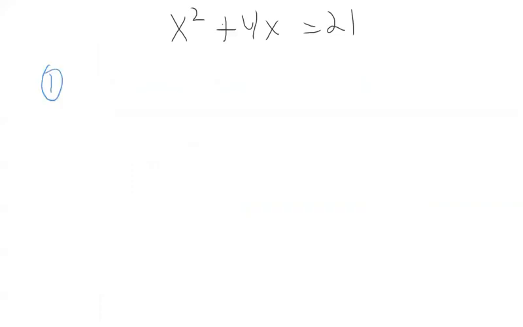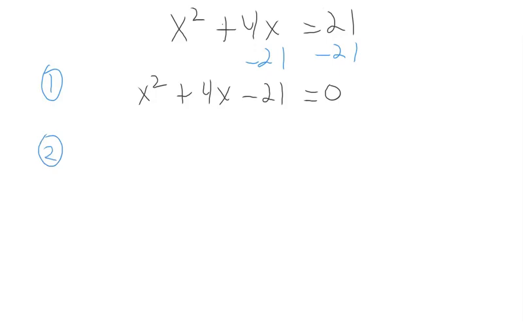Well, to do that, I have to bring the 21 over, so therefore I subtract 21 from both sides, and I get x squared plus 4x minus 21 equals 0. Now, I will give you a minute or so, because this is review for chapter 6, to see if you can factor this real quick, and then I'm going to get a drink of water, and I'll come back and I will start my factoring method.